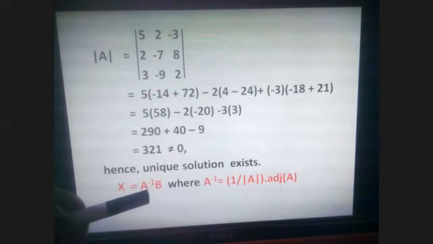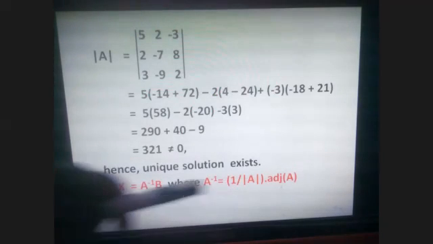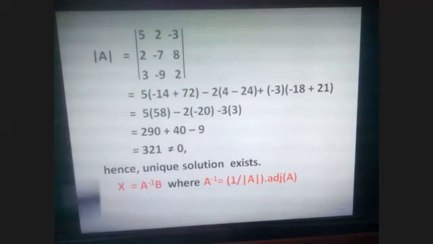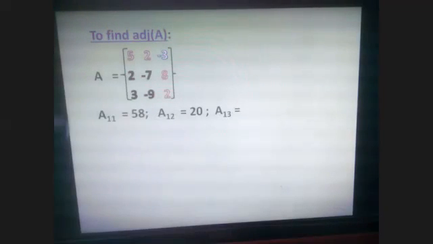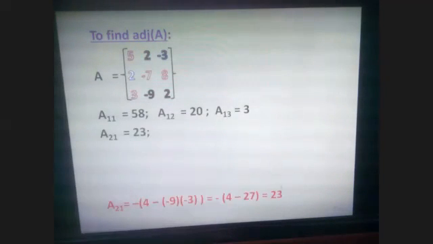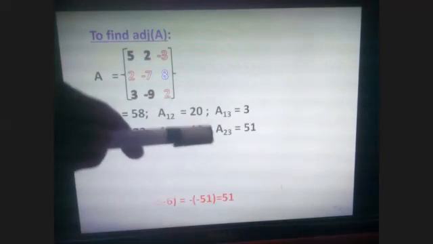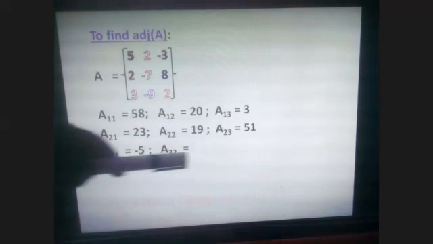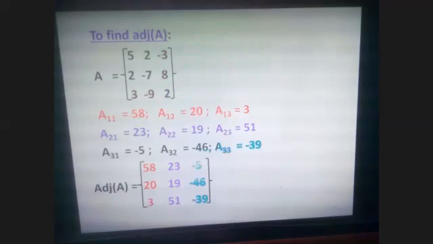That is x equal to A inverse B, where A inverse is 1 by determinant into adjoint of A. We have determinant A with us. Adjoint of A we calculate very carefully. First row we write here, then second row we write here. While writing the cofactors, we take row wise. Third row we write here, and further when we go to the adjoint, whatever we have written row wise, we write in column wise. We get the adjoint.